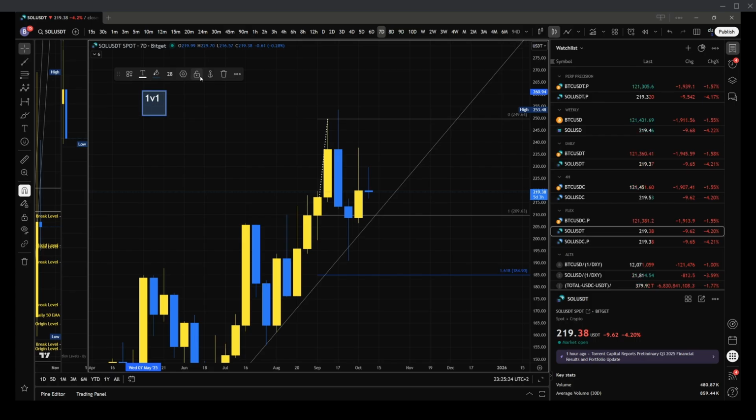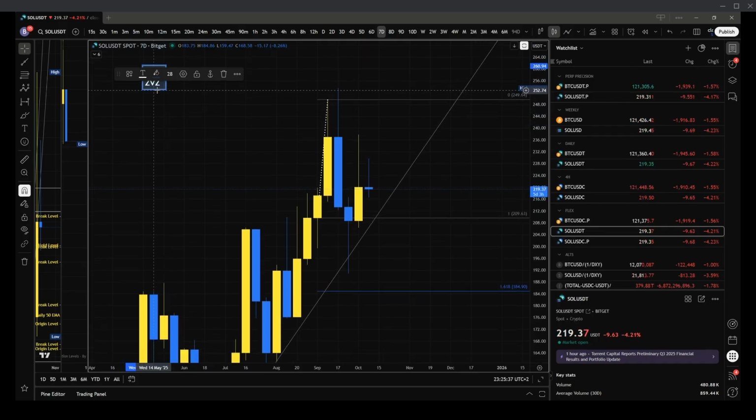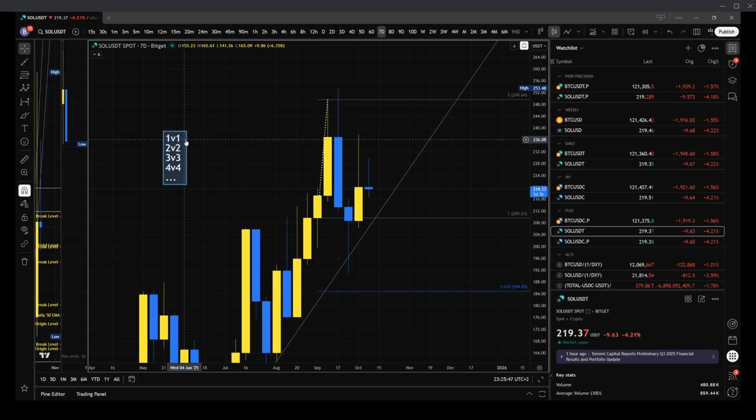But you also have so-called 2 versus 2. That's where 2 candles in the same direction get engulfed by 2 candles of the opposite direction. As you can already see here, and this goes on and on. You also have 3v3, 4v4, etc. Technically, there's no limit to this, and they are valid.